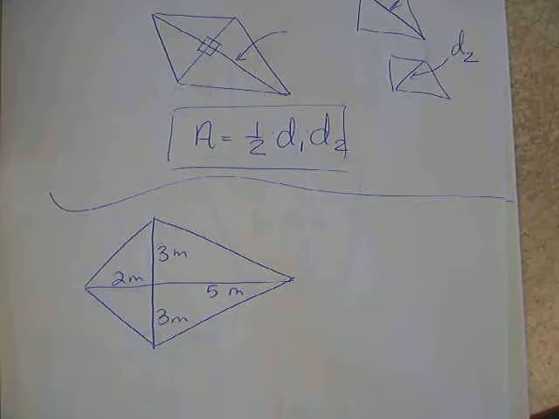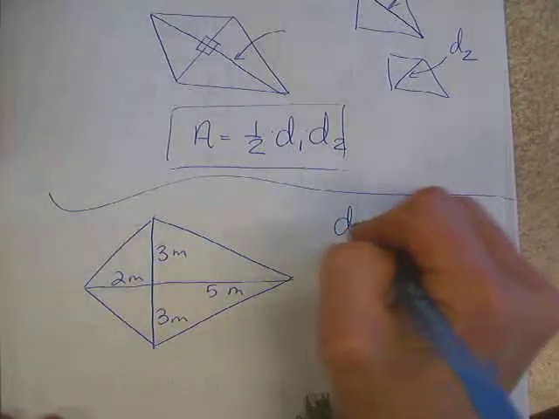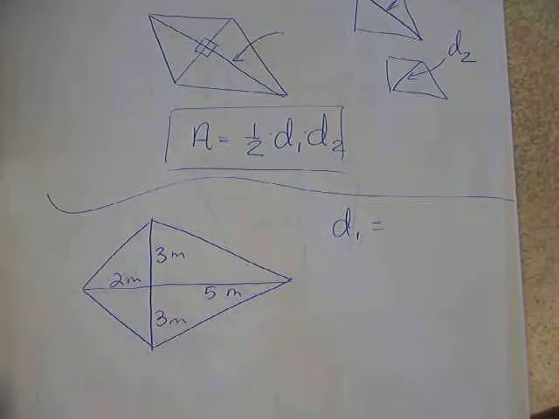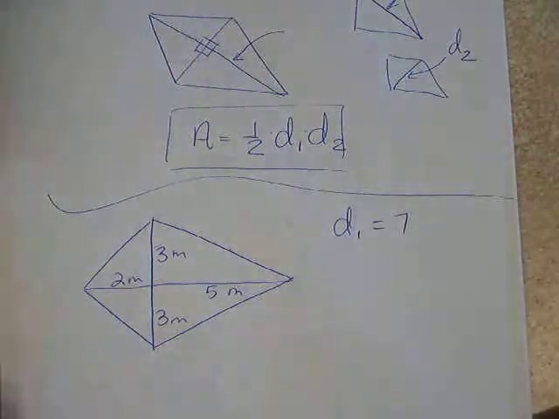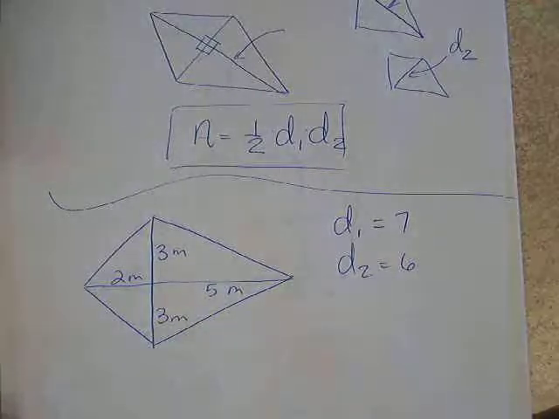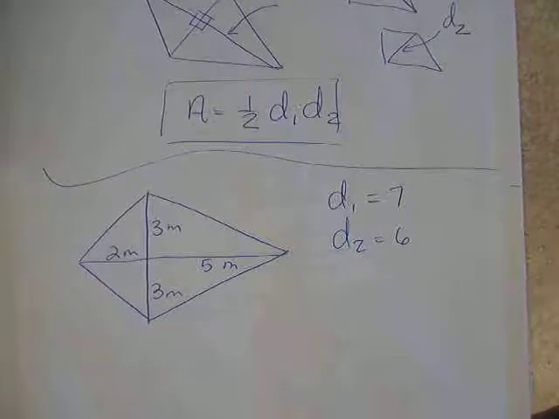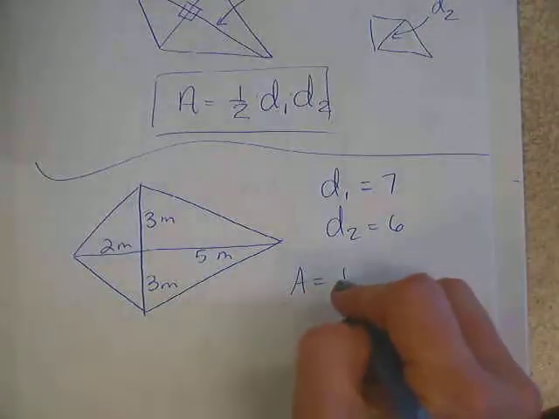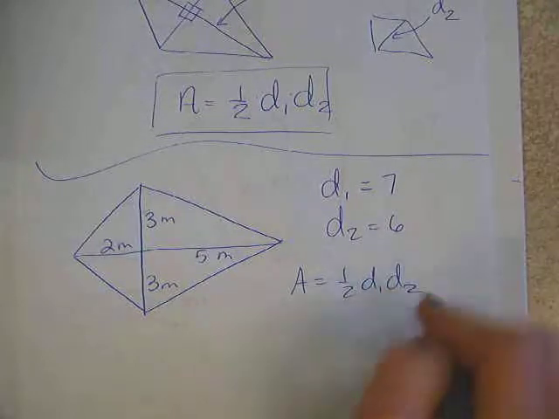That's why these are congruent. But the short one does not bisect the long one in a kite. So just because you would know that this is 5 does not mean that that is 5. So you want to be careful with that. We are going to do one where you are missing a piece and you're going to have to find it. But for this one, they're giving you everything that you need.